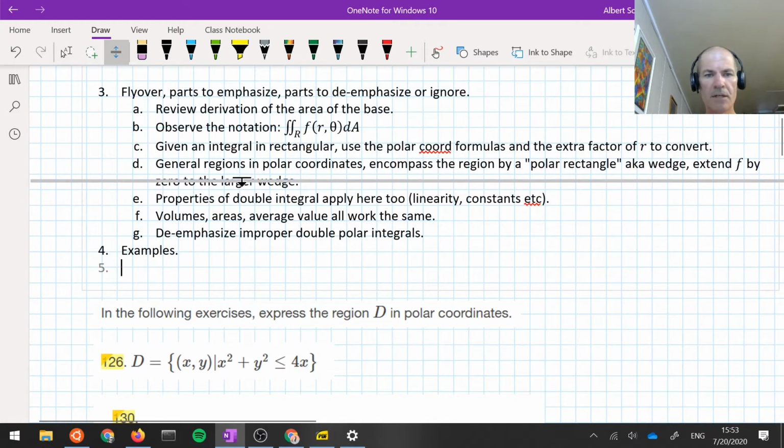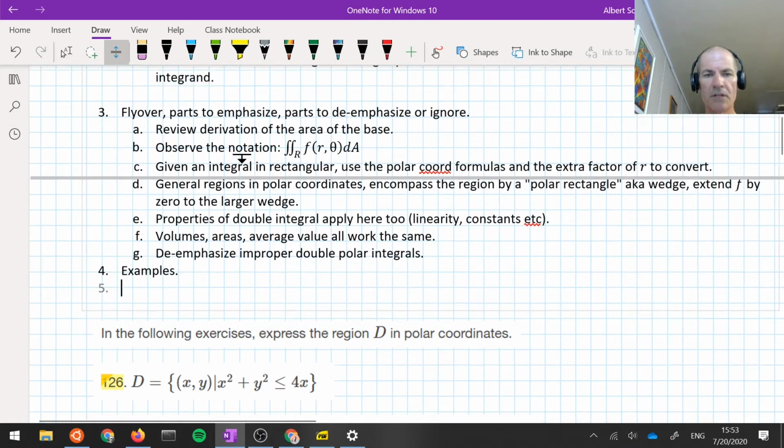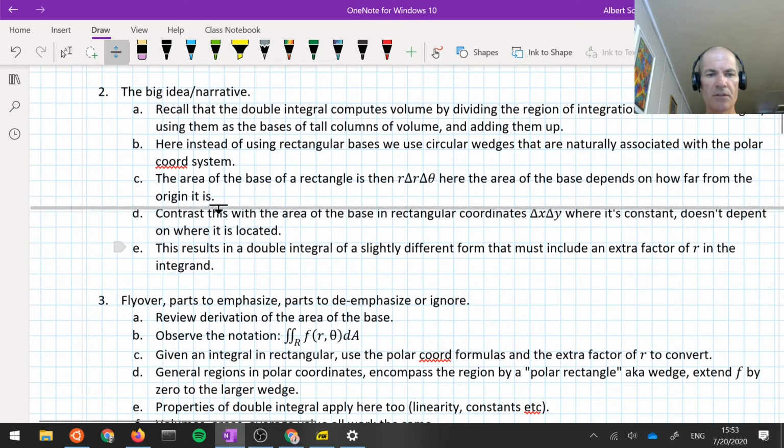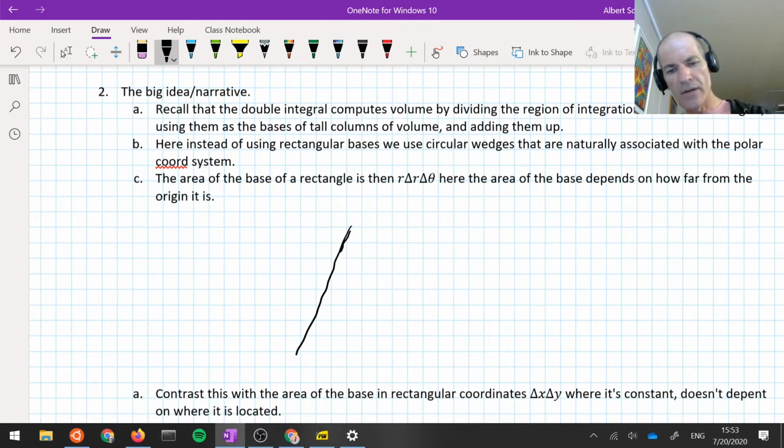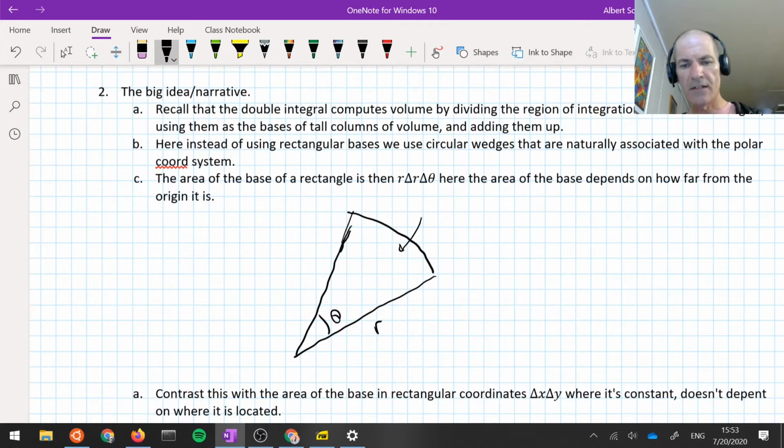In my big idea narrative, what we're talking about here are little wedges. And you may or may not know this, but if I take what's called the sector of a circle of radius r, this is called a sector.